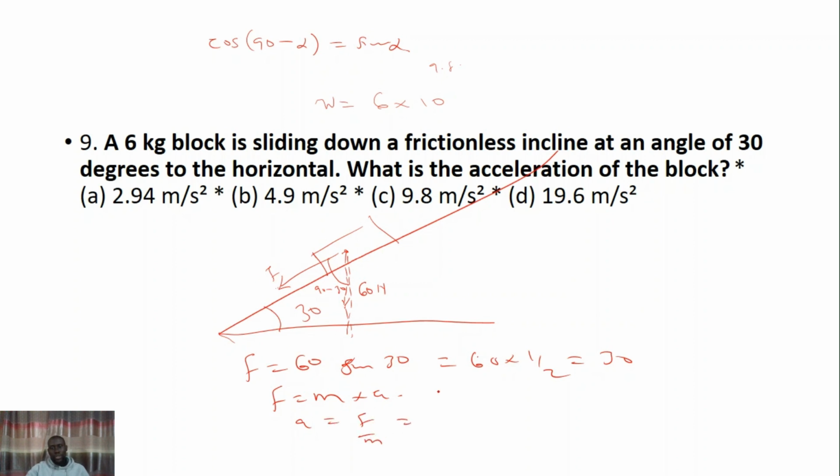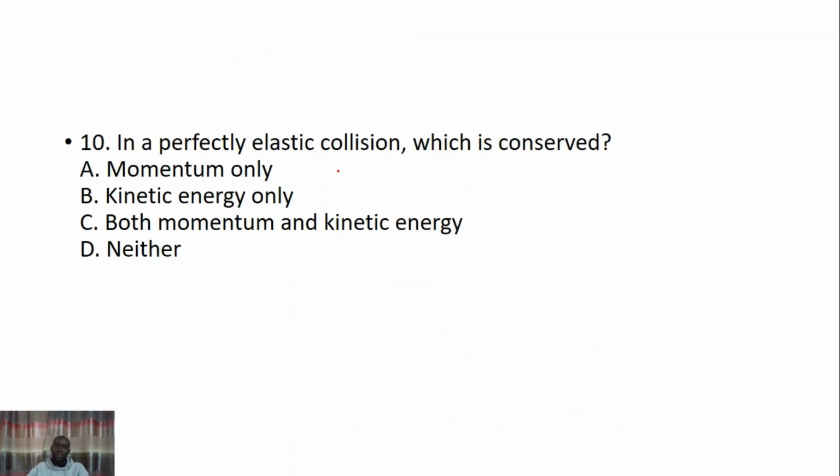And we know that the force is 30 divided by the mass, which is 6 kg. So this is equal to 5, right? The acceleration is 5 meter per second squared. Don't forget that here, rather than using 9.8, we use 10. So if you use 9.8, you get 4.9.